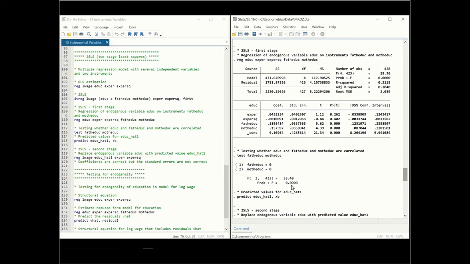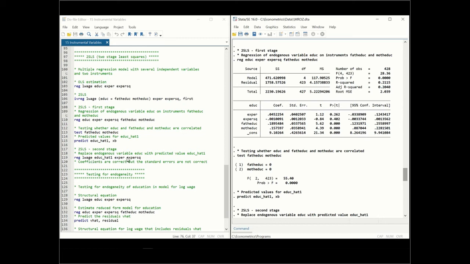Now, let's get the predicted values. I will call these education hat 1 to distinguish those from above, comma xb is getting the predicted values. So from this regression here, these are the education hat. These are these predicted values here. So now going back into the second stage, we have a regression of log wage.